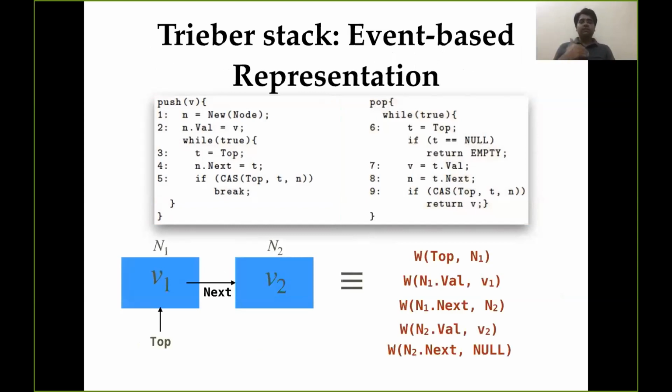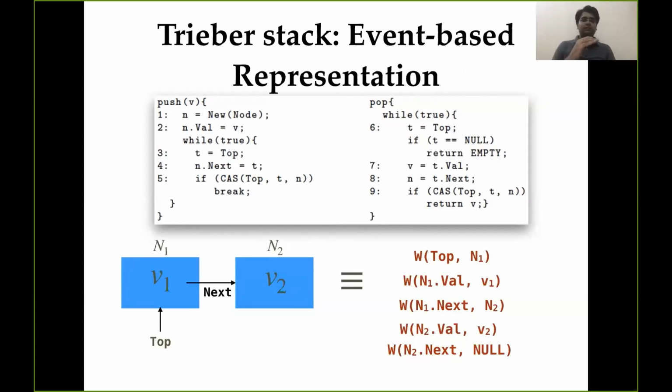Now, as a first step towards moving from shared memory to replicated systems, let's consider an event-based representation of the linked list. In this event-based representation, the value of a variable or a particular location is maintained as a write event to that variable.